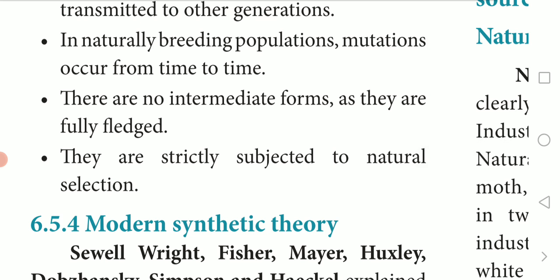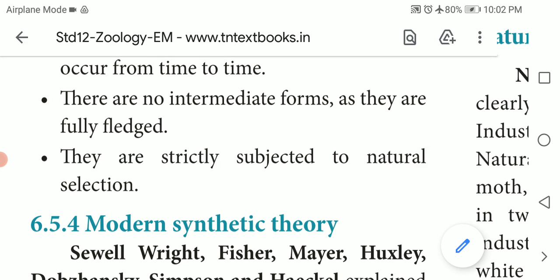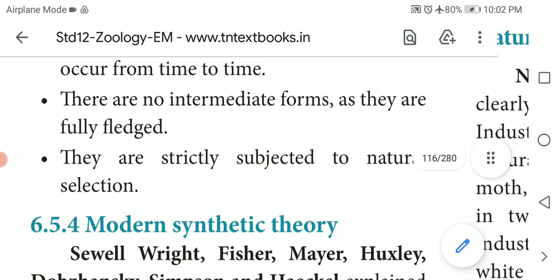In naturally breeding populations, mutations occur from time to time. There are no intermediate forms as they are fully fledged. They are strictly subjected to natural selection.